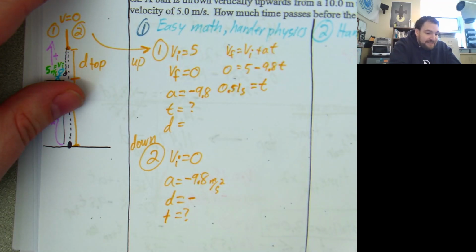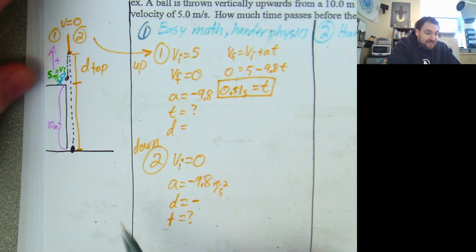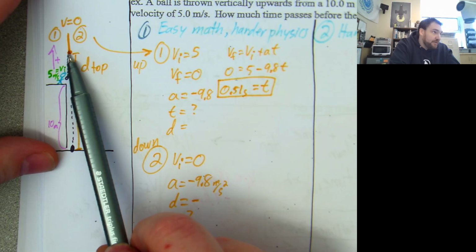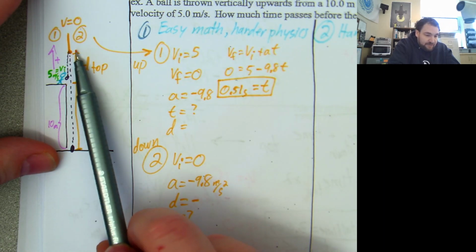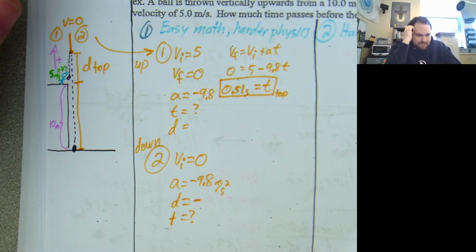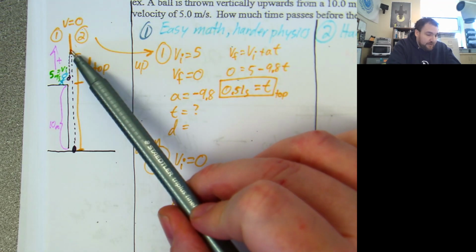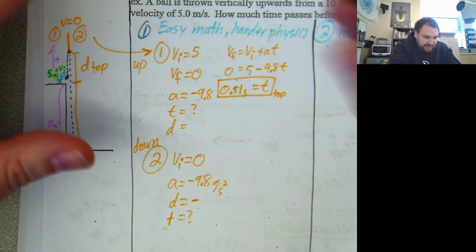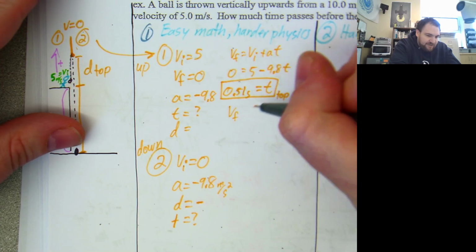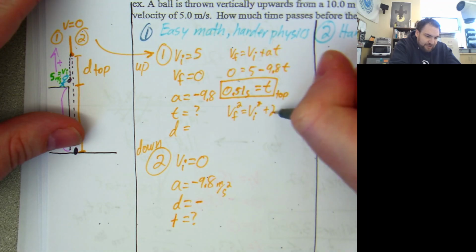That is the time it takes the ball to get to the top of its path. So this guy here is T-top. We also need the displacement from here to here. So again, that's relatively easy to find as well. We're just going to use this kinematic equation: VF squared equals VI squared plus 2AD.